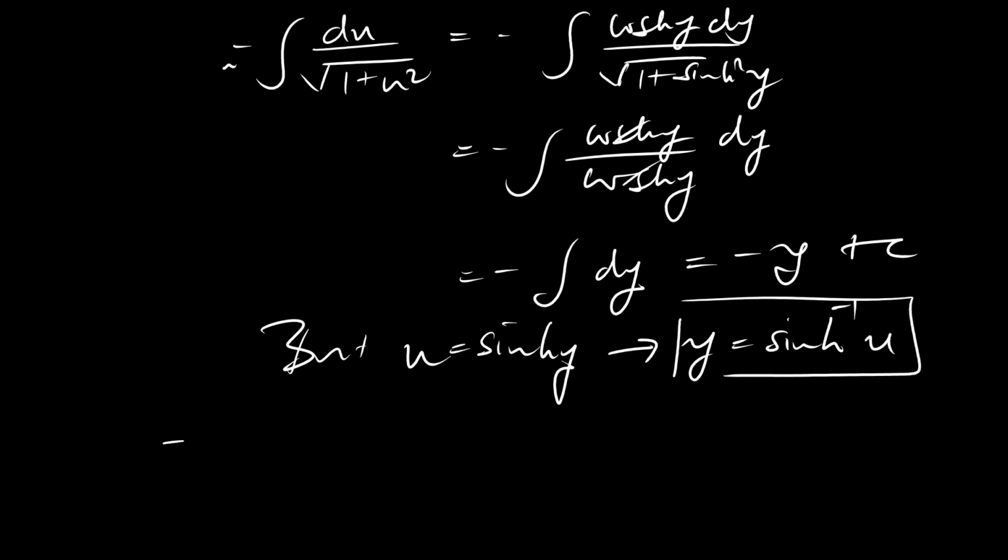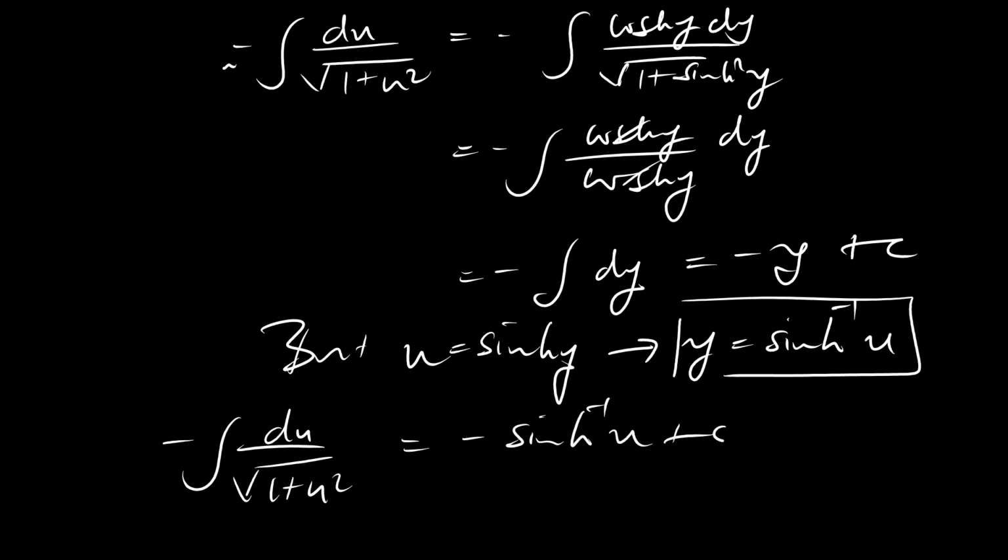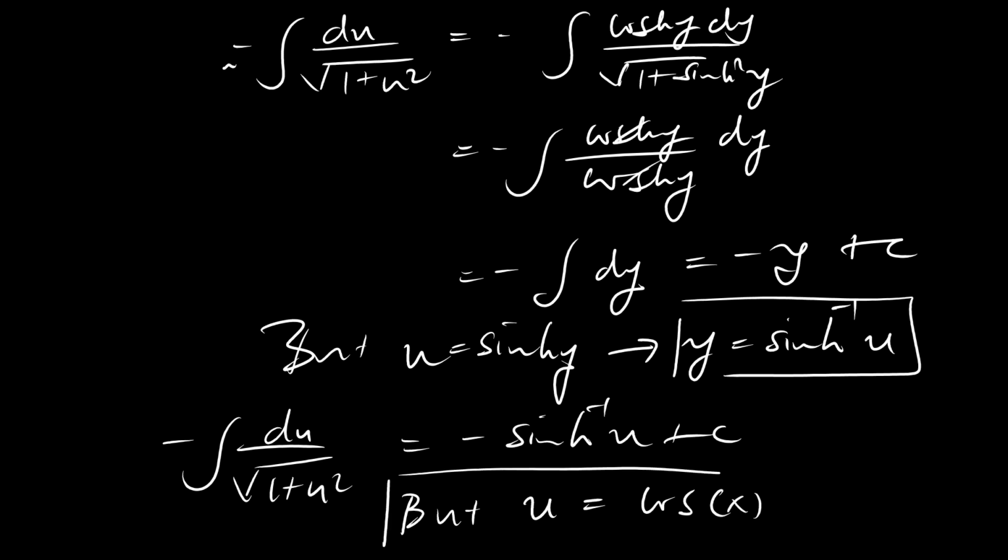And so, in other words, negative du over the square root of 1 plus u squared is equal to negative arcsinh of u plus c, but also u was set to cosine of x, right?